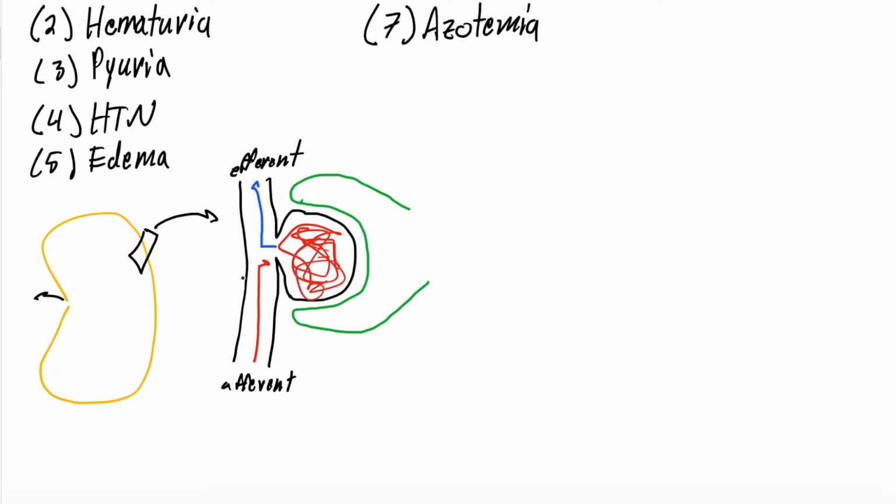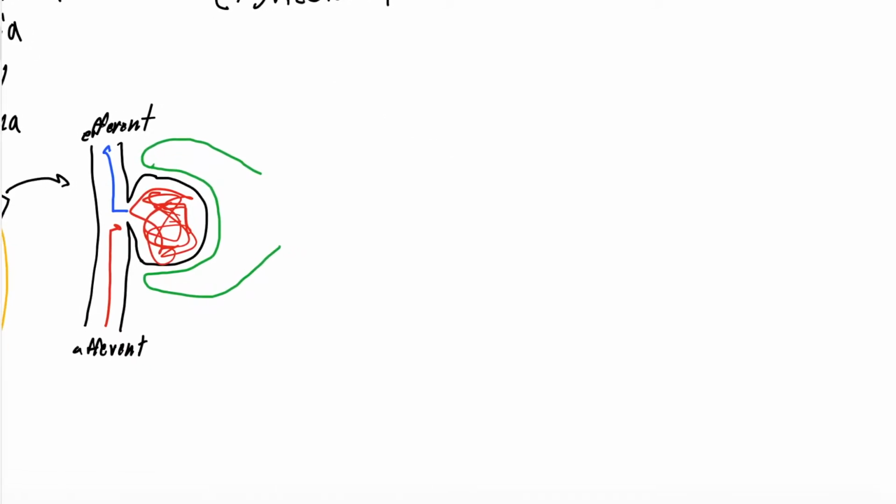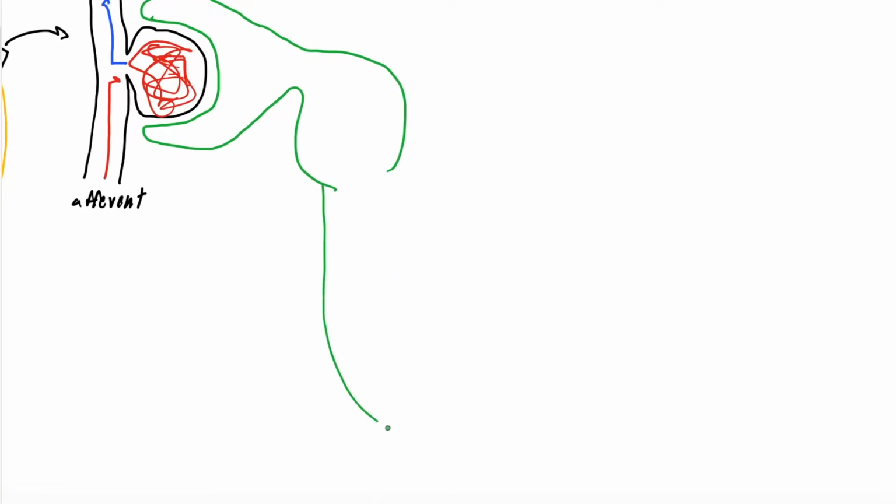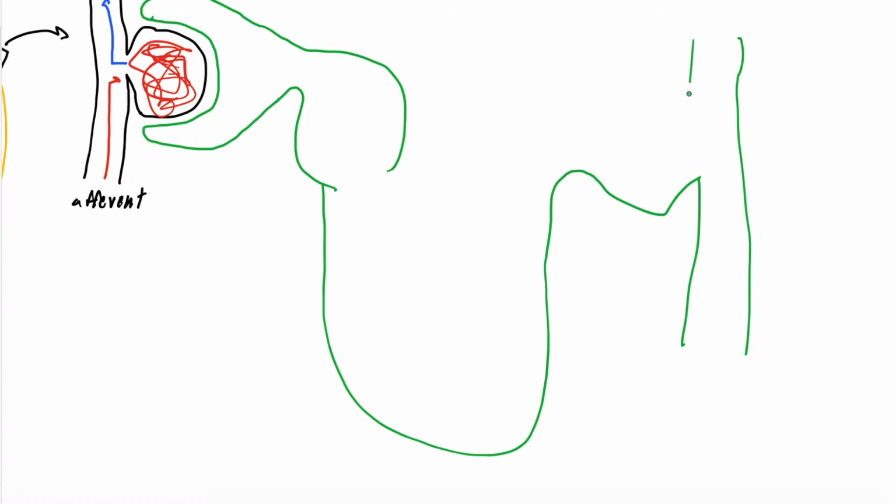All right, so Bowman's capsule leads to our nephron, right? And our nephron, we have a proximal convoluted tubule that goes into the thick and thin descending limb, into a distal convoluted tubule and then a collecting duct. So if you can just picture it, it looks kind of like this.